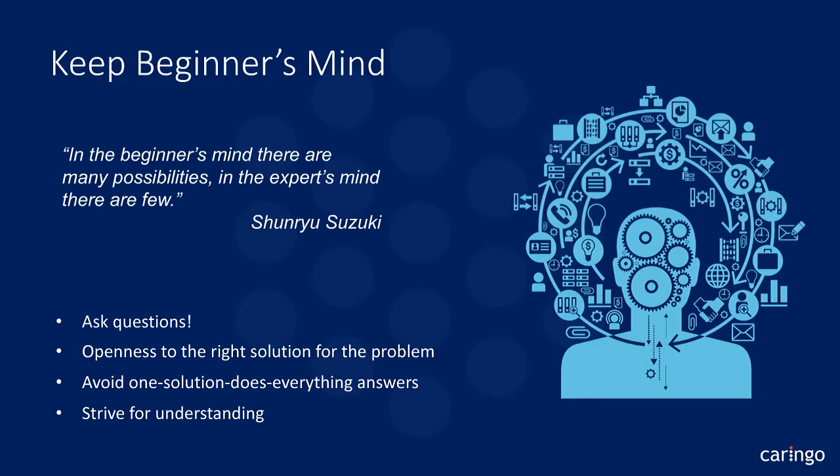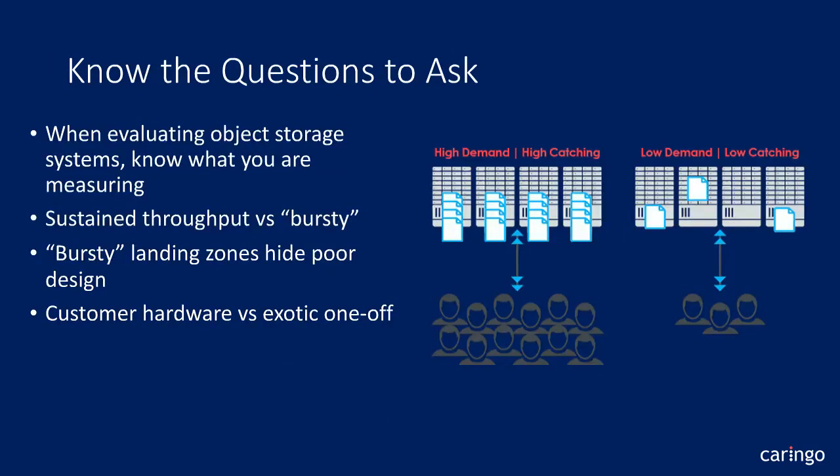It's all about avoiding "one solution does everything," and it's all about striving for understanding. So connecting the dots between where you are and getting more and more advanced isn't really about getting a more expensive solution or getting it from a bigger company. It's really about understanding what you're building and understanding how the pieces fit together.